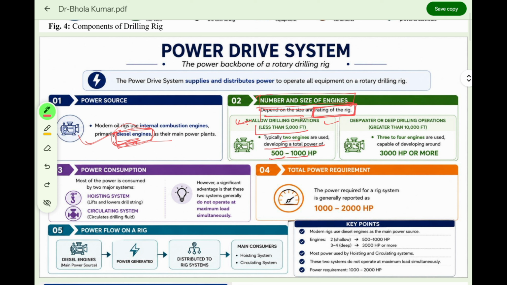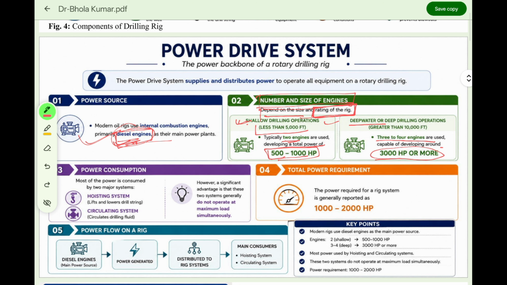If you want to drill deeper, three to four engines are used, capable of developing more than 3,000 horsepower.